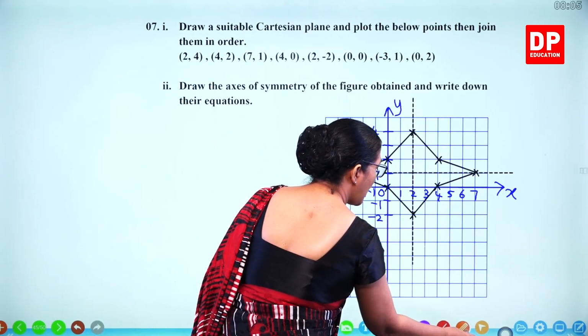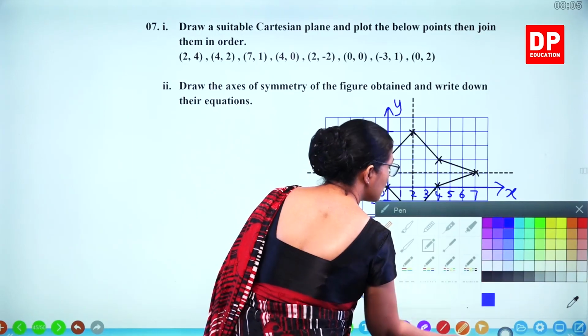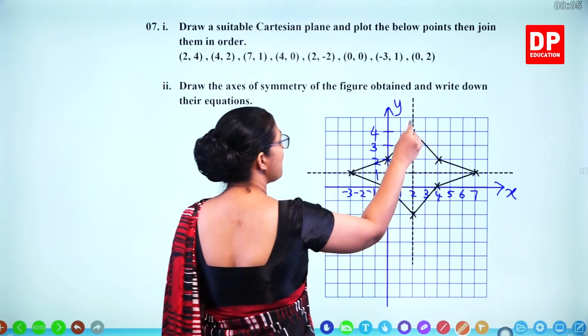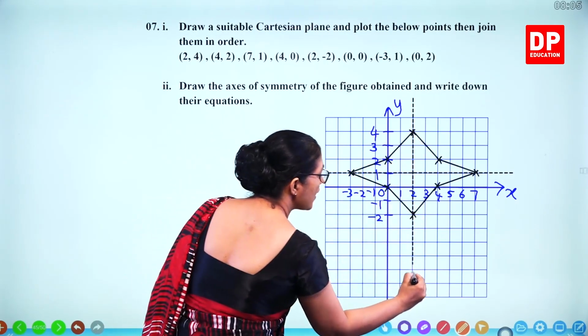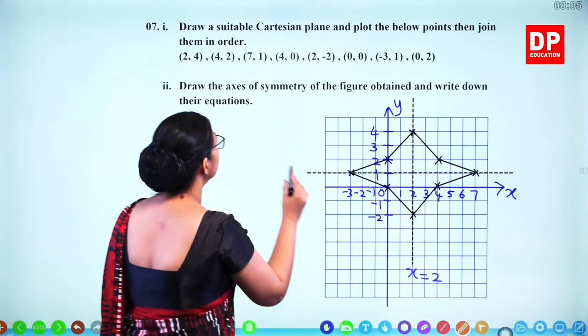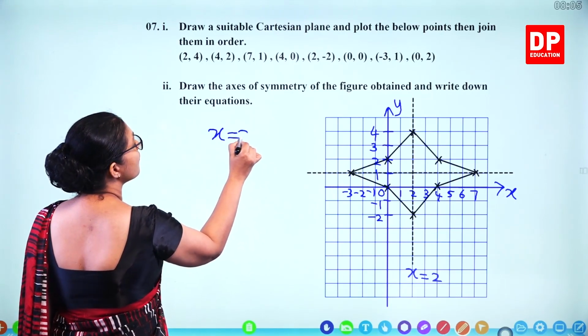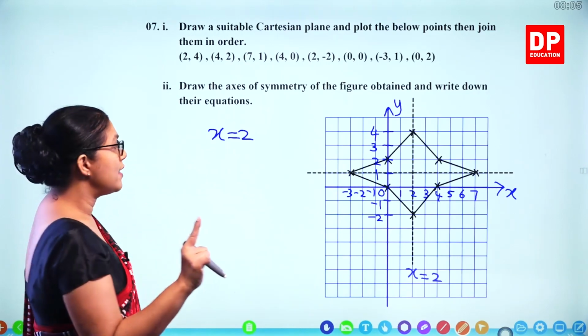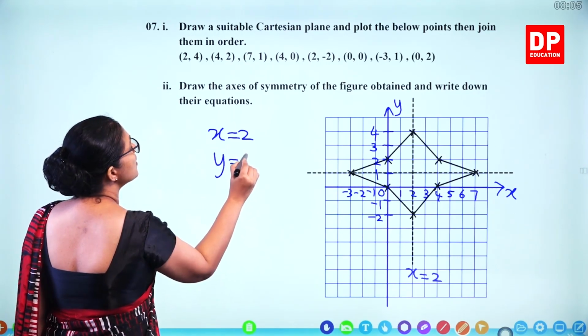So what are the axis of symmetry equations you have to write? This means x is always 2. So the line x equals 2. This means a horizontal line, y equals 1, always 1. Y equals 1.